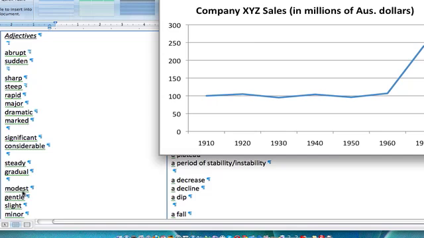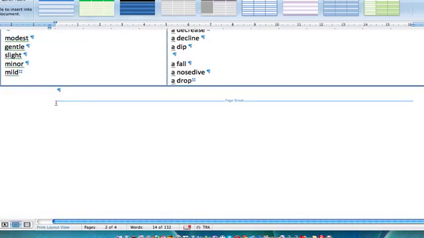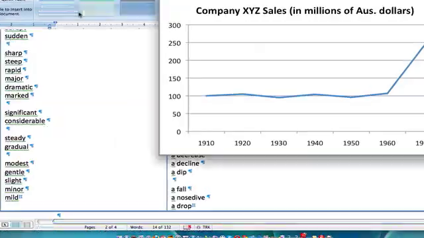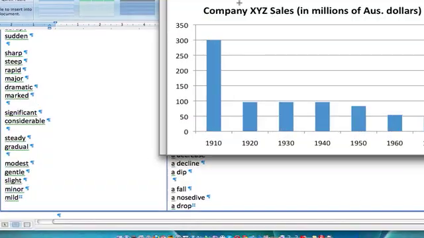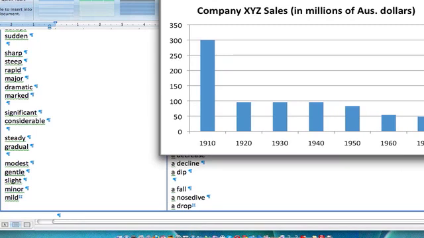And modest, gentle, slight, minor, and mild would be to describe something that is perhaps not a very large change. So here in my bar graph, we see a modest change between 1940 and 1950.